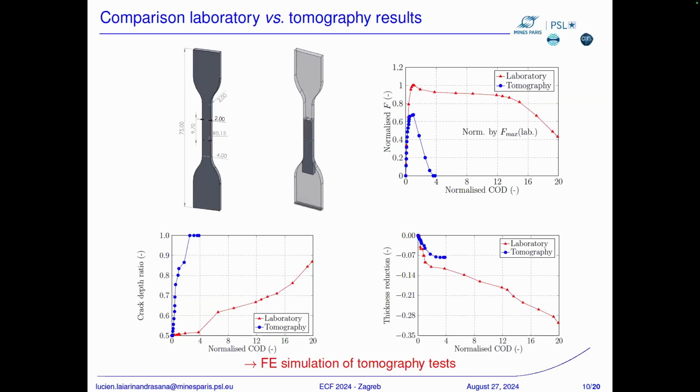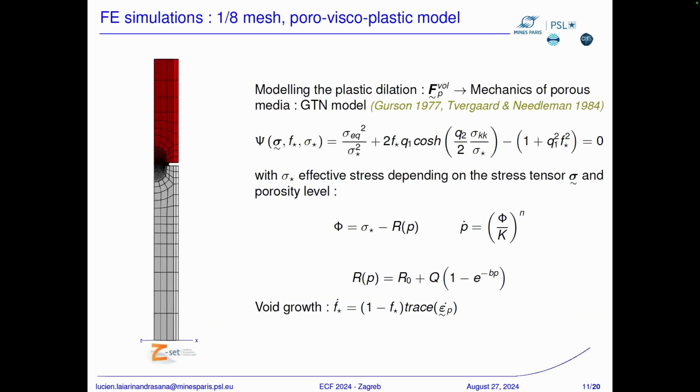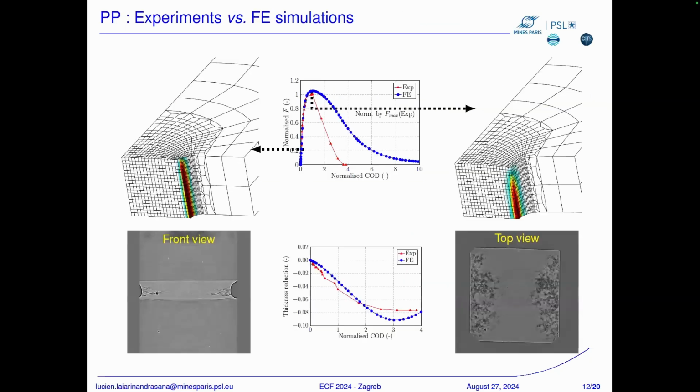We have compared here what happened from the tomography and the laboratory tests. There are some differences, and just to show you a few slides about the simulation that have been done using this GTN model in order to take into account the porosity, so the void volume fraction that has been measured in the specimen. And this is the result.